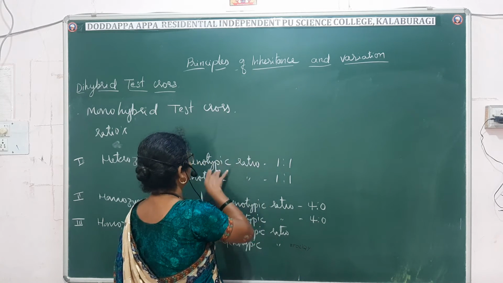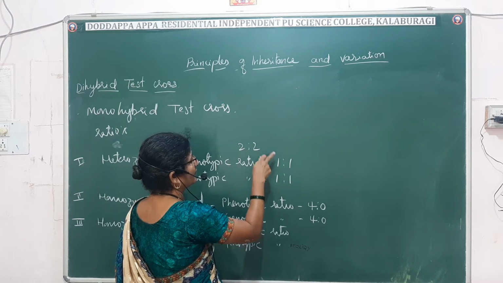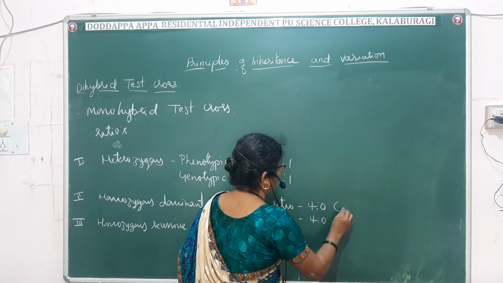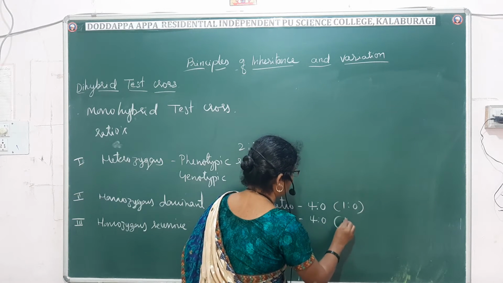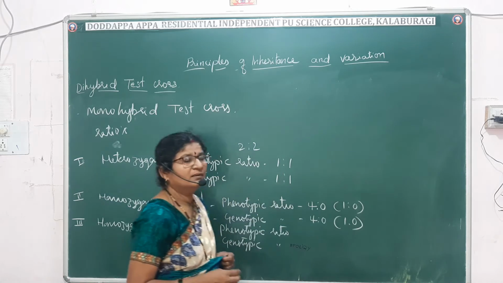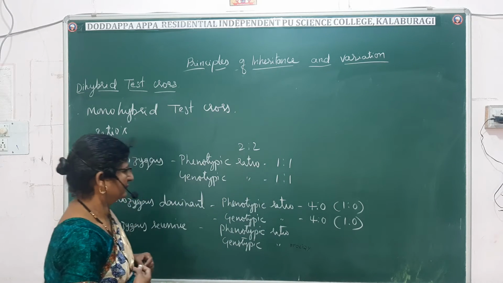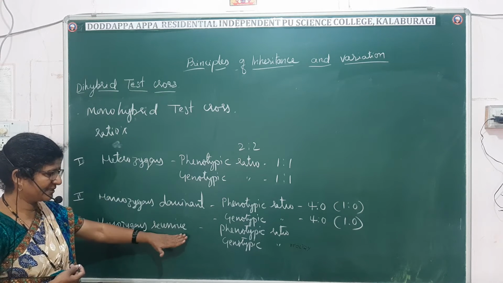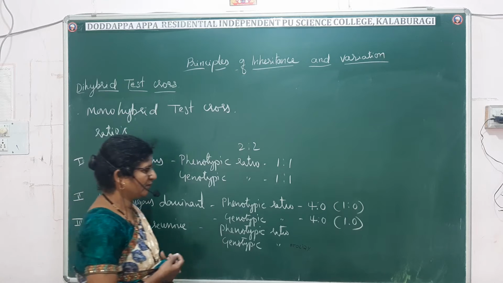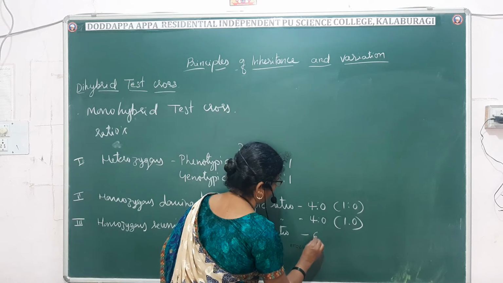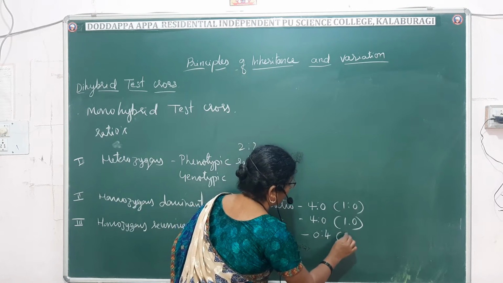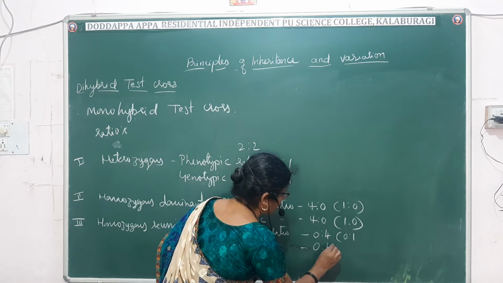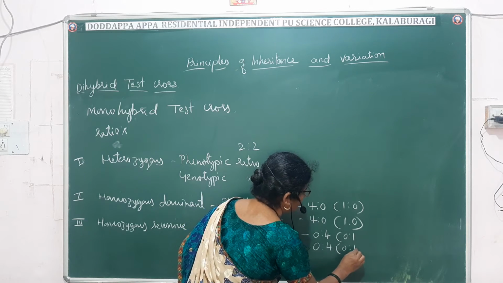So here you will get 2:2, and by simplification we will write 1:1. Here also you can write 1:0. Even this will do. So we were discussing the third case, homozygous recessive. In the homozygous recessive phenotype, you will get all dwarf variety only, that is, no tall variety. By simplifying, you can write 0:1 and the genotypic ratio is also the same. You'll get all recessive character.